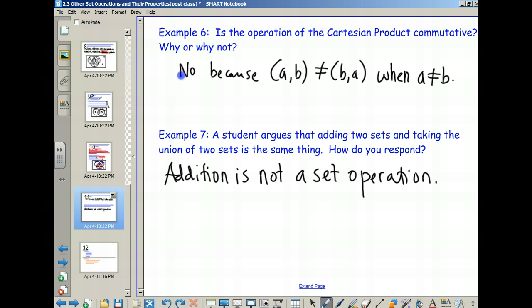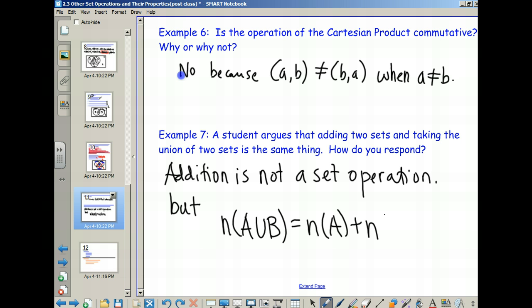But, and this is what you were kind of getting at, Kayla, it is true that if you want to find the number of items in the union, this would be equal to the number of items in each individual set added together. Now, I'm not adding sets, I'm adding the number of items from the sets. And this does not hold in general.